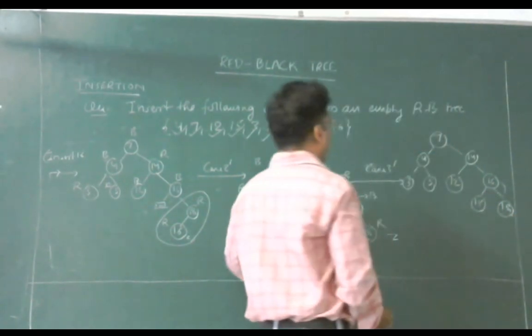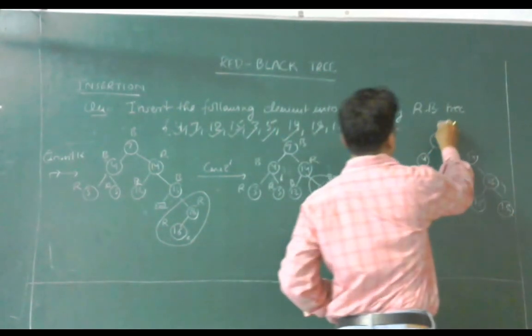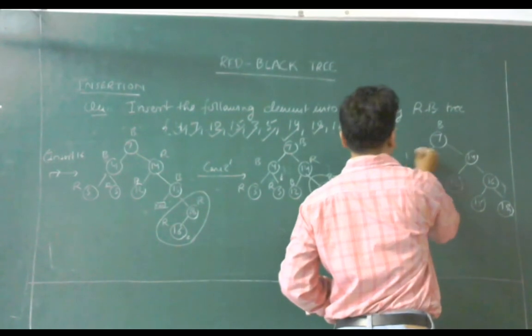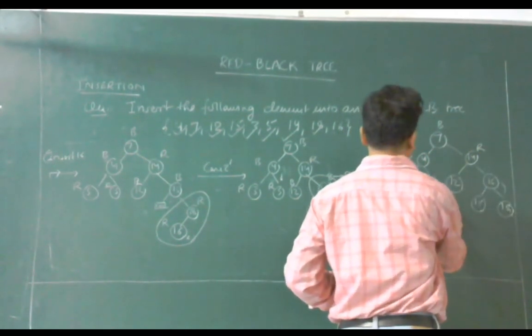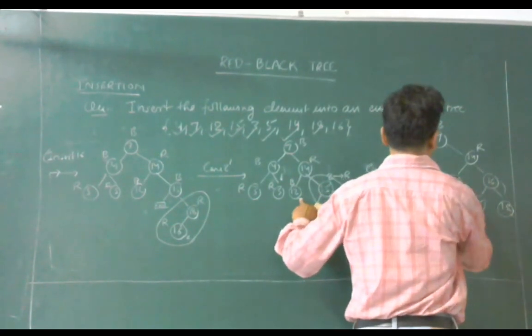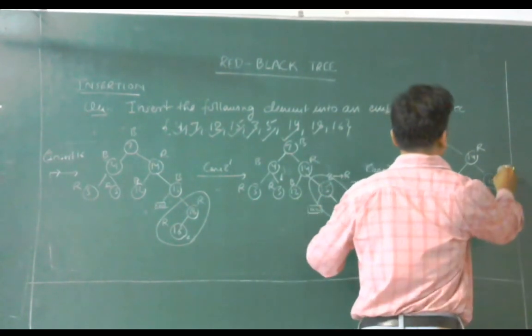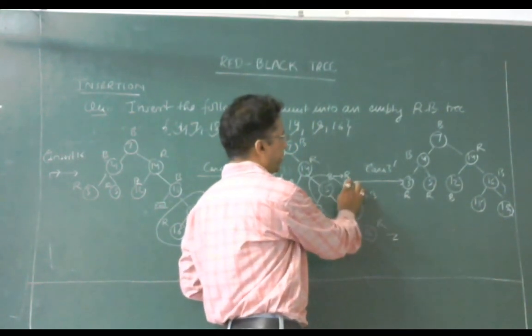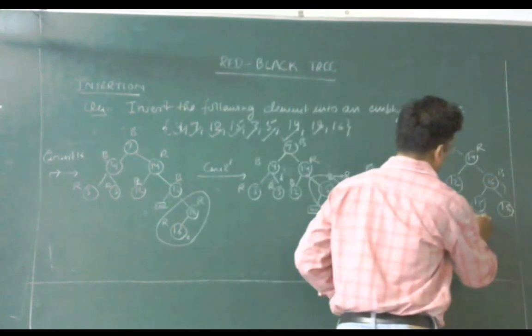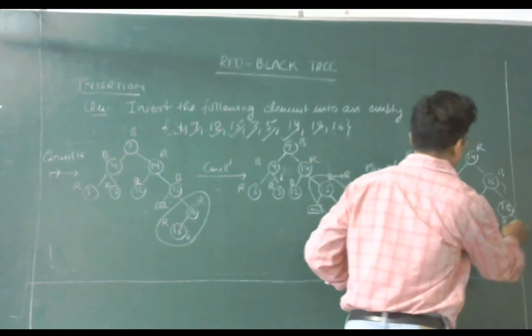Okay, I am writing a color black, black, red, red, red, black. This one of black color because parent has been changed into the black color and grandparent into red color. So red, and this is of red color.